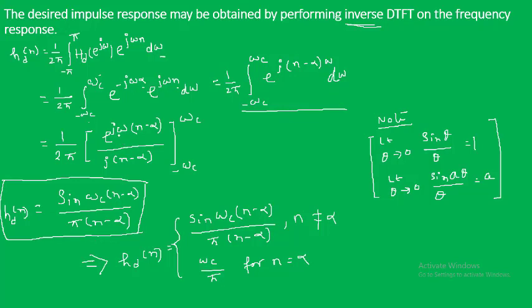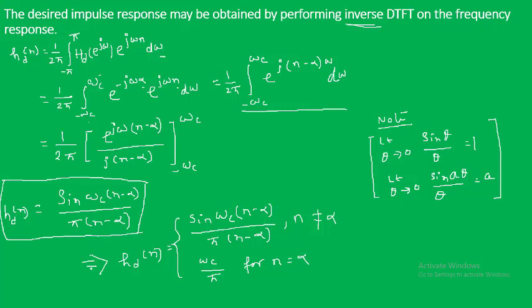E to the power j omega (n minus alpha) divided by j (n minus alpha), with limits from minus omega c to plus omega c. If we simplify it further, we get hd of n equal to sine of omega c (n minus alpha) divided by pi (n minus alpha). So this is what we get.